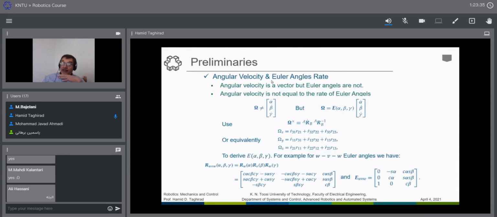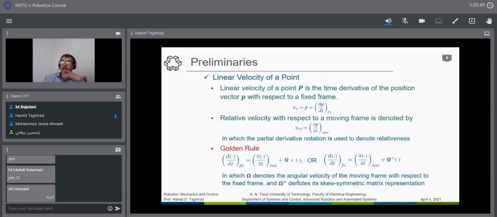We know that Euler angle rates are not equal to omega, the angular velocity, and we have the hassle to find the E and work with an E. We have a golden rule, very important.